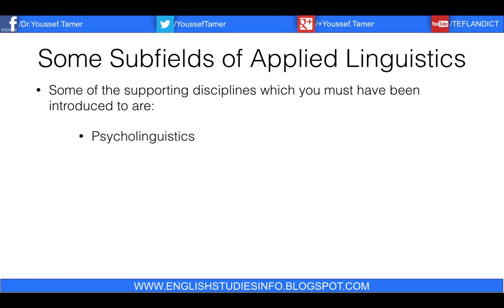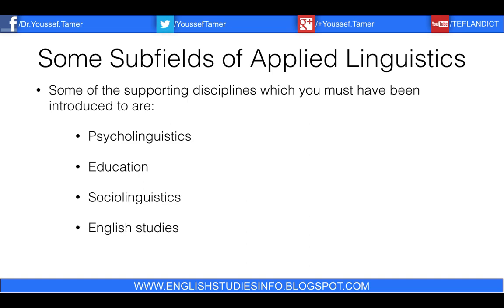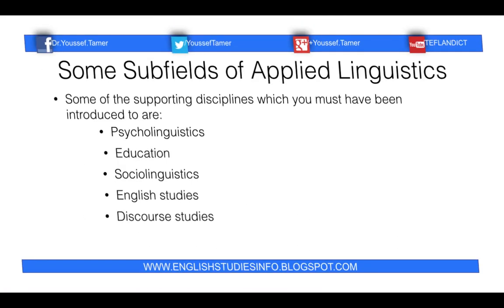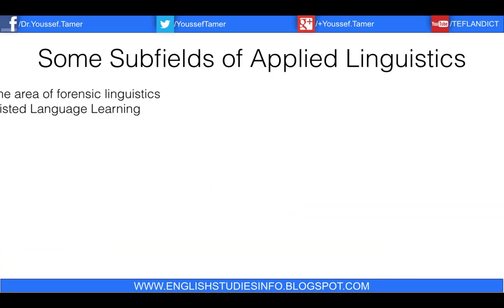Other subfields are psycholinguistics, education, sociolinguistics, and English studies. What we mean by English studies here is what you study in the Department of English, the grammar of English, the literature of English, etc. And discourse studies, discourse analysis, is another subfield of applied linguistics.